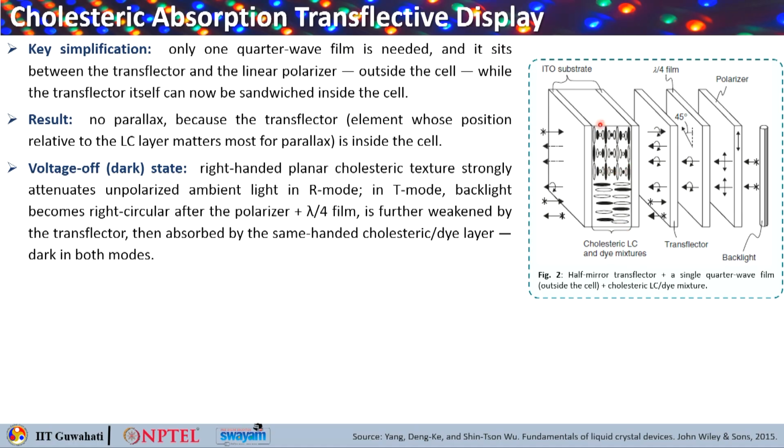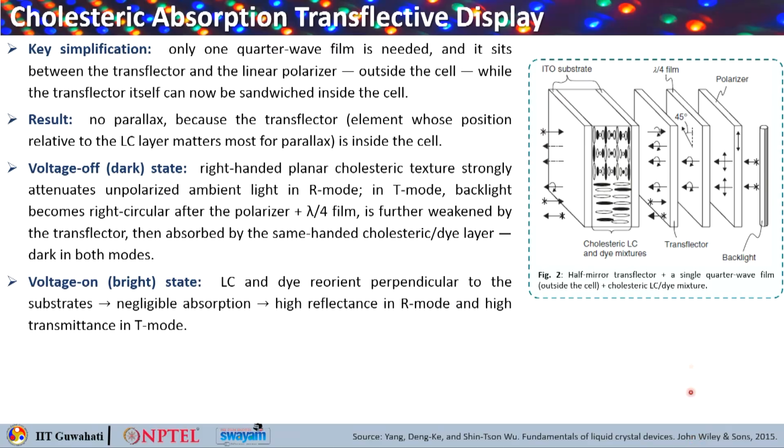The elegant point here is that circularly polarized light of the same handedness as the cholesteric helix interacts very strongly with the cholesteric structure, and that is why the absorption takes place. This ties the design back to the Bragg reflection physics that we saw in lecture 26, cholesteric reflector.